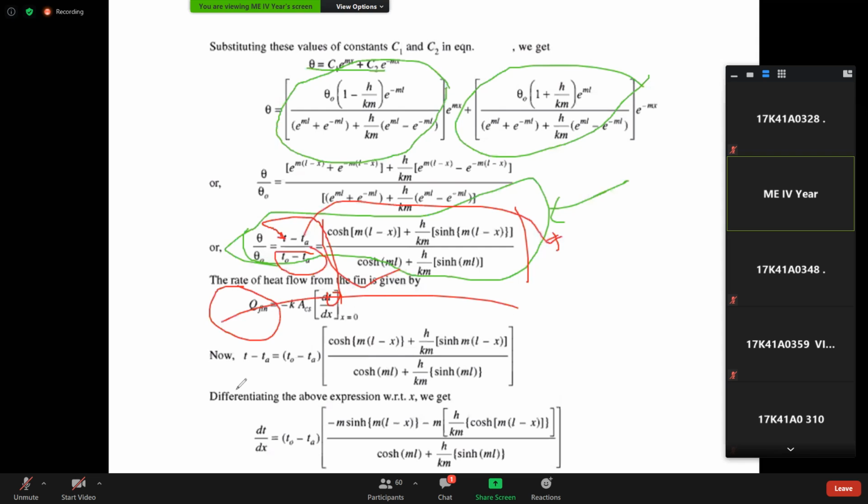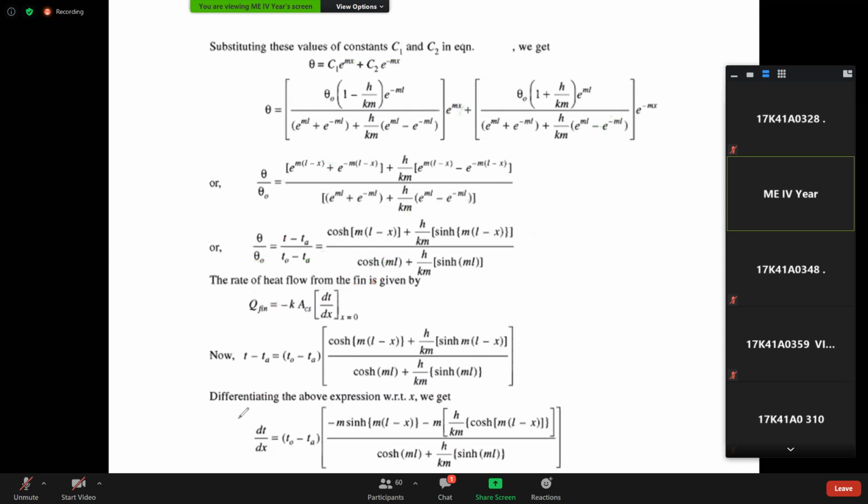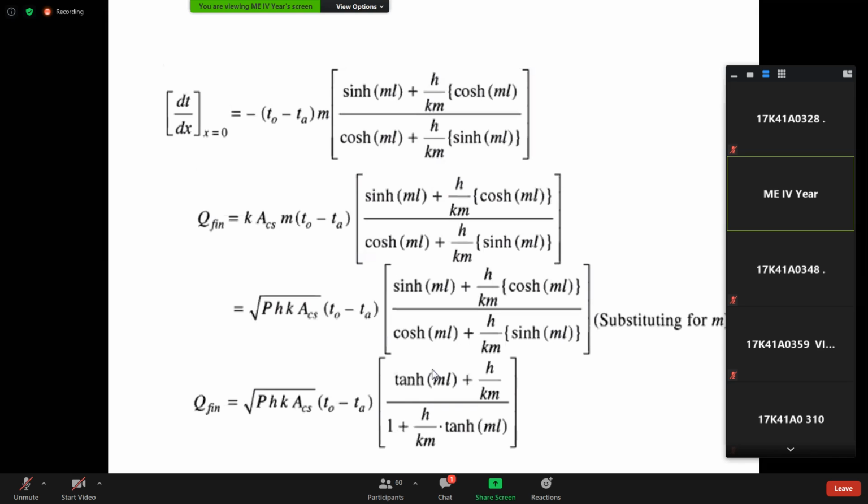You differentiate dt by dx; the big equation has been given clearly step by step, to avoid confusion. After differentiating and putting x is equal to 0, we get the heat transfer like this. This is Q fin. So in this way, you have to do the derivations.